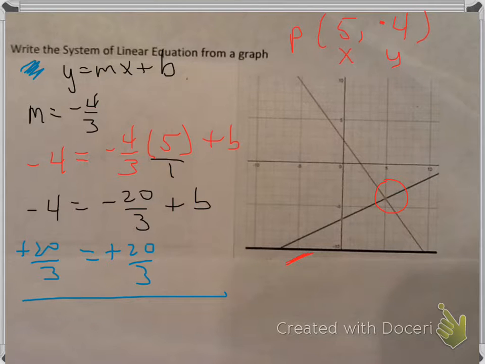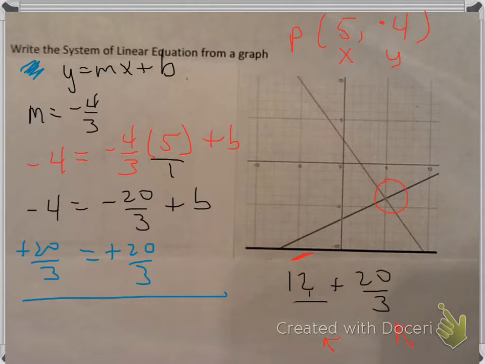Now this is where it gets a little tricky because we have a negative 4 plus 20/3. And remember, we want a common denominator. Since this right here is a 3, we want to make that a 3. So to do that, we multiply the bottom and the top by 3. 3 times 4 will change into 12, and the bottom is going to turn into 3 times 1 is 3.